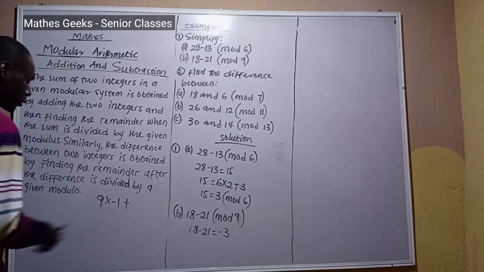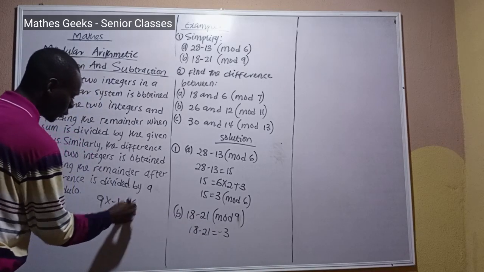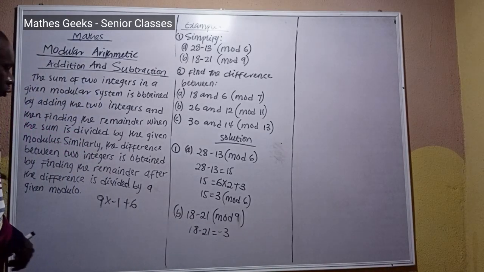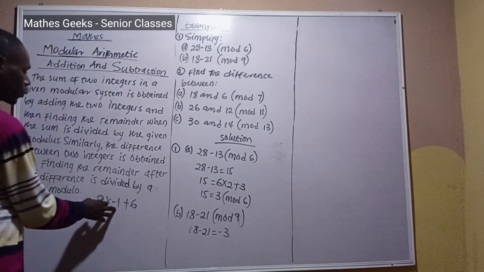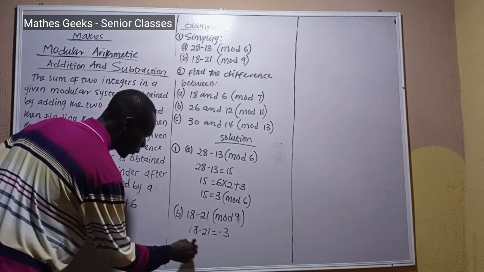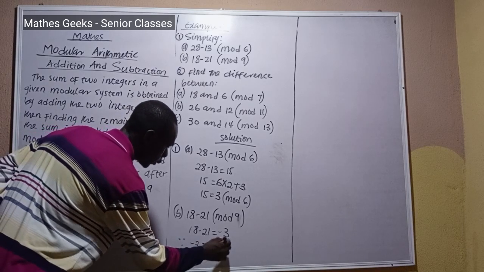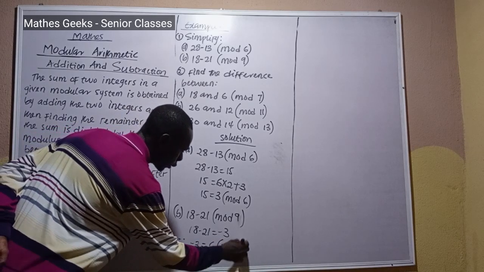What would you add to minus 9 to give us minus 3? That will give us 6. So that's how we go about it. 9 times minus 1 plus 6 will give you minus 3. Therefore minus 3 is equal to 6 in mod 9.